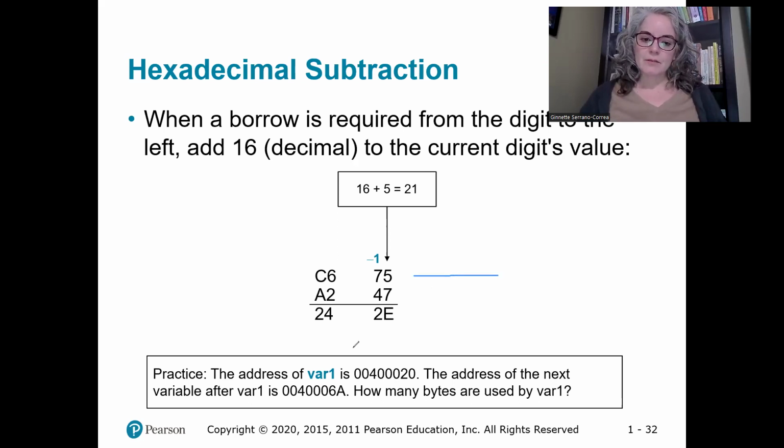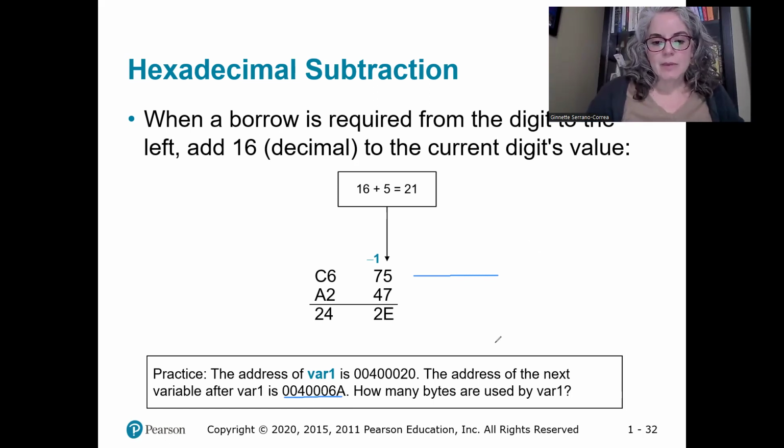So var1 is at this spot. The address of the next variable is here. If the address of the next variable is there, then the difference is going to be how much space var1 uses.